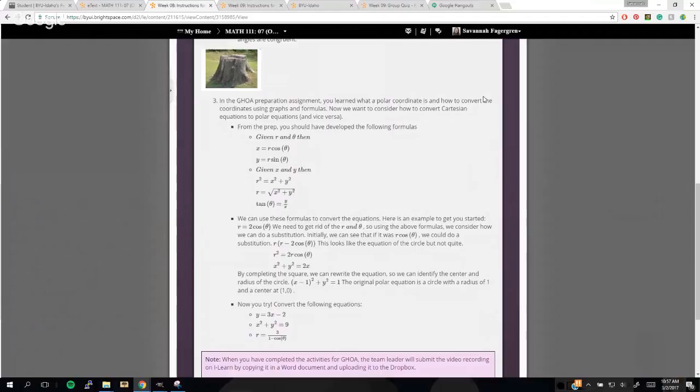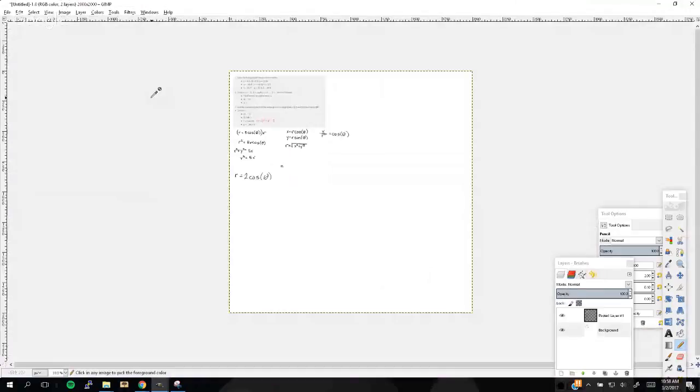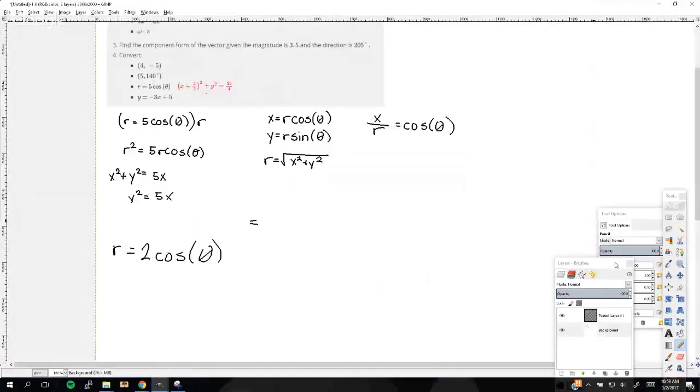Maybe. I'm gonna rewrite this out. X squared plus y squared. Maybe they divided by 2. I don't think they divided by 2 because that didn't do anything.